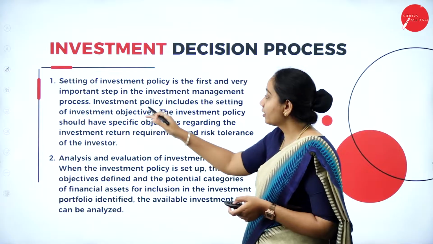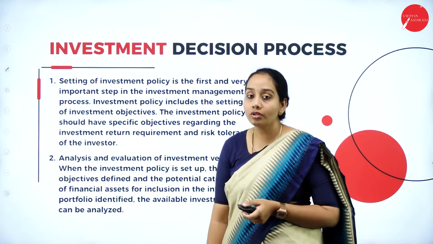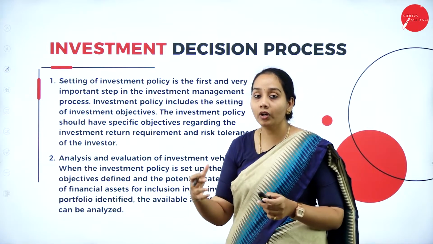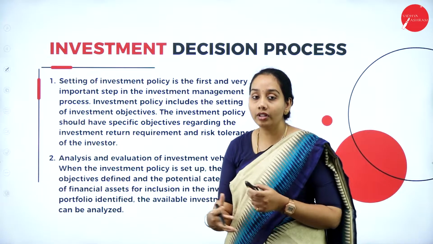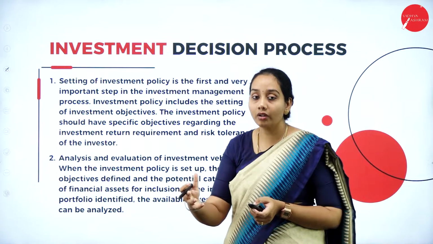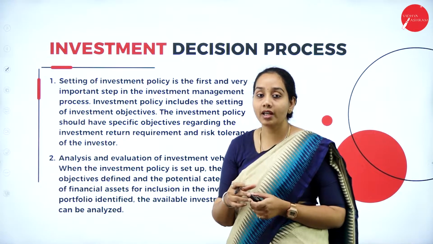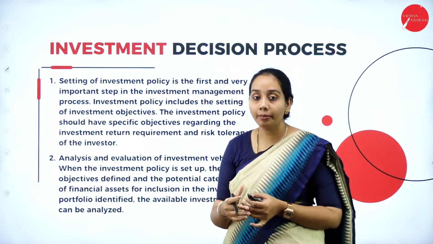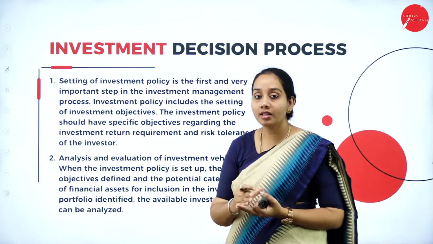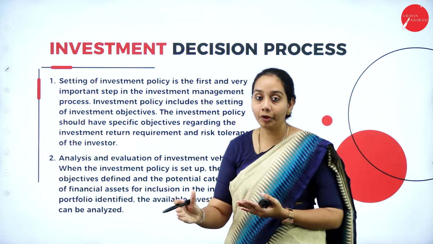First is setting an investment policy. The first step is to understand what your policy or objective is behind your investment. Why are you doing it? For example, your father or mother may invest some amount from the time you were born. Why?